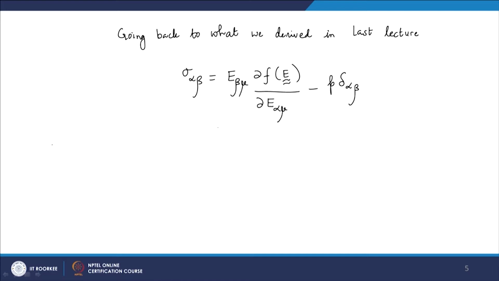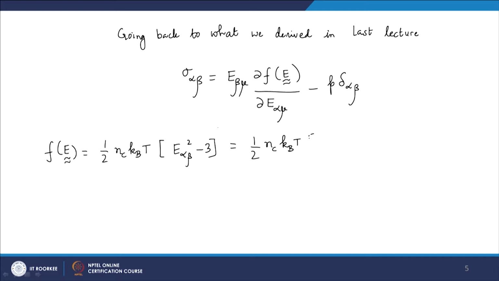So, now since we have derived Fe as half Nc kBT E alpha beta square minus 3, I can equivalently write this with beta replaced by mu, because beta is repeated in the relation, it is a dummy index, just as we have been doing in other examples.